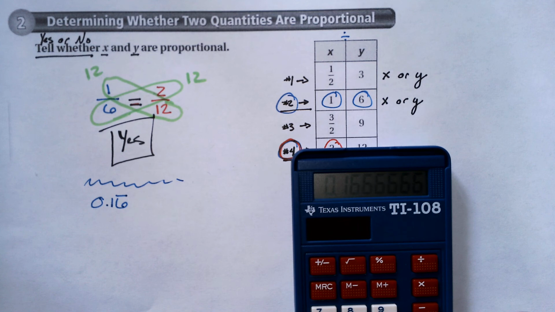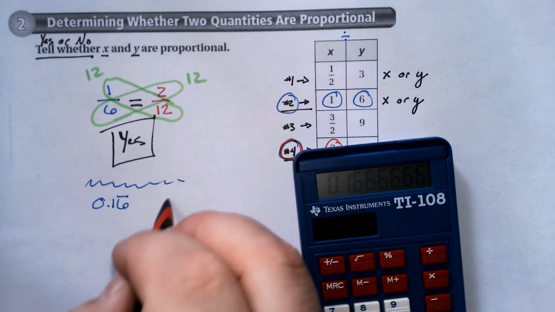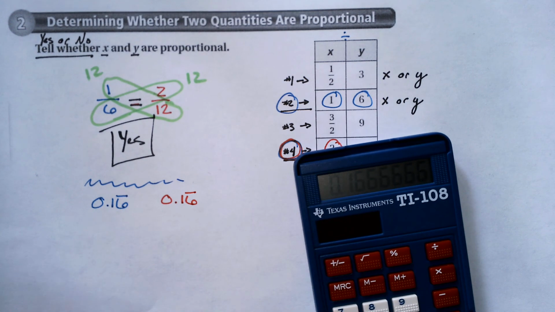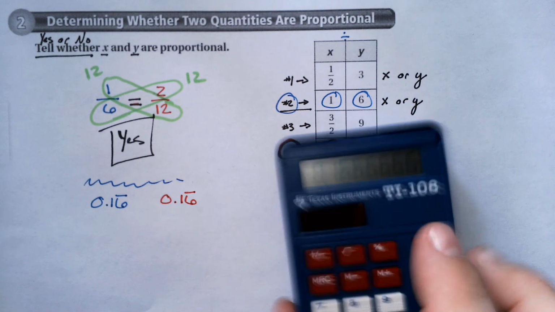Then I'm going to take 2 divided by 12, and I'm going to get 0.1666, and these two numbers are the same. So again, my answer is yes, they are proportional.